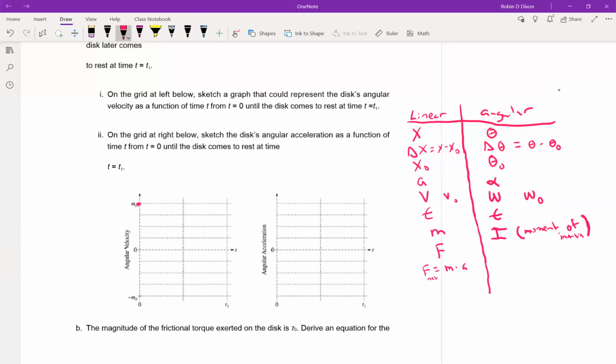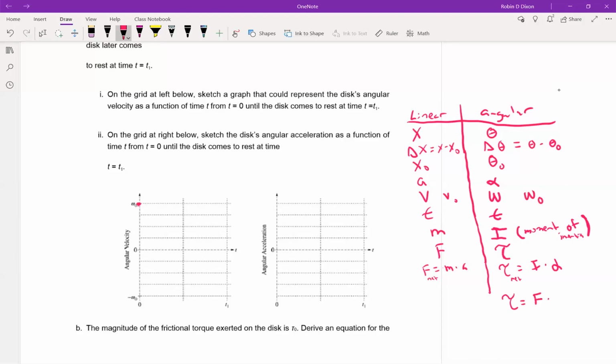We don't have force in angular motion. We have what's called torque. And if net force is equal to mass times acceleration, net torque must be equal to moment of inertia times angular acceleration. One more thing to add on to this, torque is equal to applying a force at a distance.